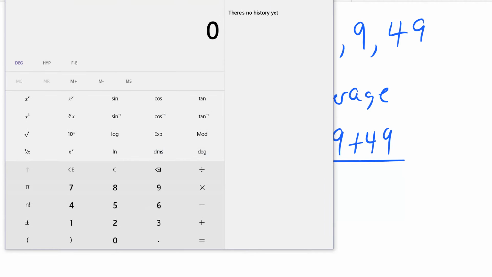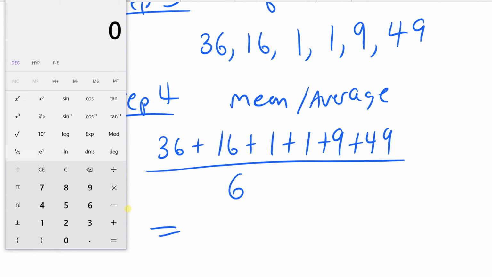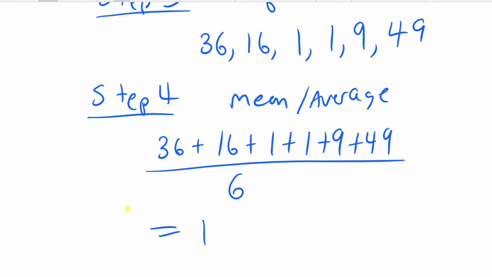So let me use the calculator here. So we have 36 plus 16 plus 1 plus 1 plus 9 plus 49. And that equals 112, and we divide that by 6 to get 18.667.